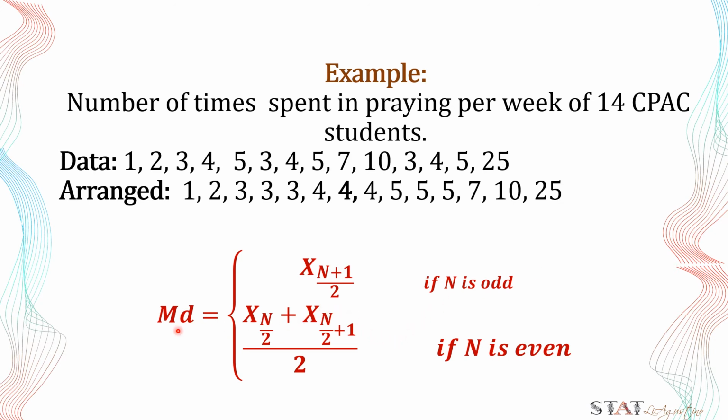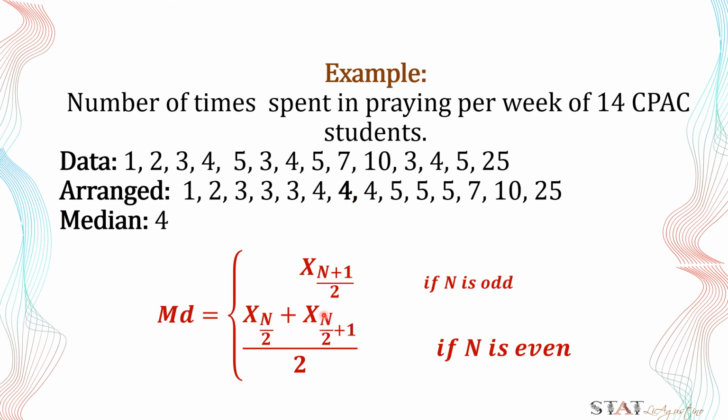Okay, so to review the previous, if n is odd, take the center, the middle plus 1, and that would be your median. Here the median is 4 because we have 14 observations, which is even. Following this formula, 14 divided by 2 is 7, so the seventh value: 1, 2, 3, 4, 5, 6, 7, is 4.